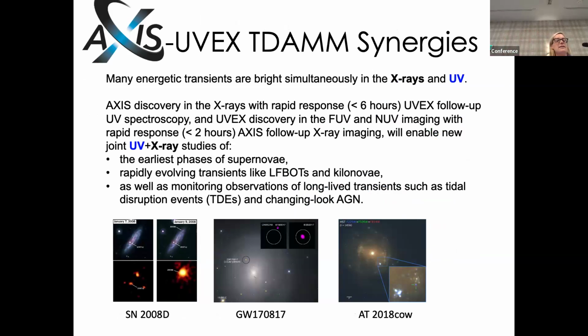And so with AXIS discovering in the X-rays and being able to rapidly respond to these AXIS discoveries with UVEX within 6 hours in the UV, as well as UVEX discovering transients in its far UV and near UV imaging with the possibility of then rapid response from AXIS in the X-rays, you're going to enable a whole new era of joint UV and X-ray studies of the earliest phases of supernovae, rapidly evolving transients such as LFBOTs and kilonovae, as well as monitoring observations of long-lived transients such as tidal disruption events and changing look AGN.